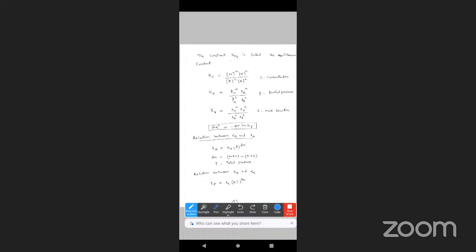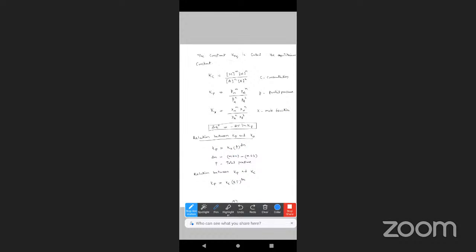And the relation between Kp and Kx. So you have to remember all these equations, because we'll apply them whenever required, that is, in a numerical problem. So Kp equals Kx into P to the power of delta n. Kp is the equilibrium constant in terms of partial pressure, and Kx is the equilibrium constant in terms of mole fraction.